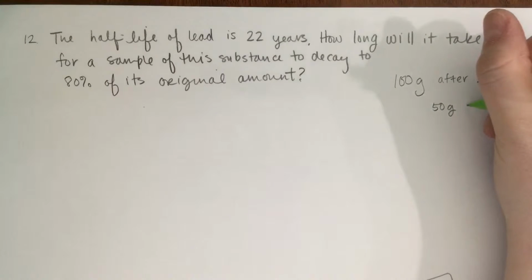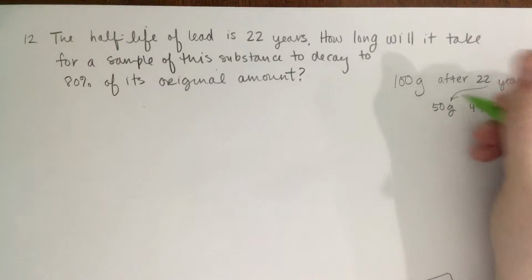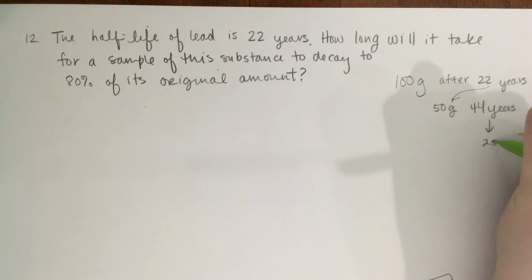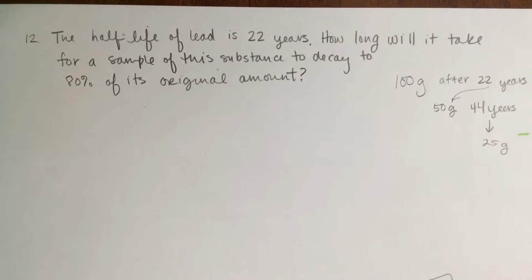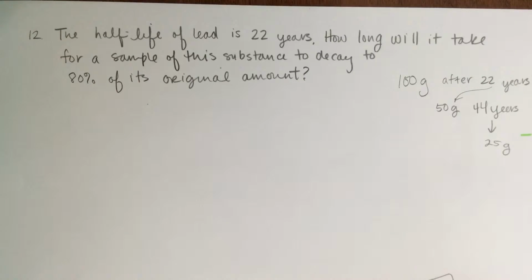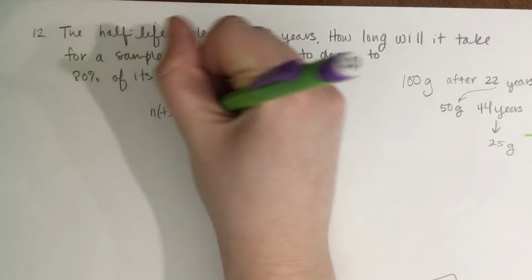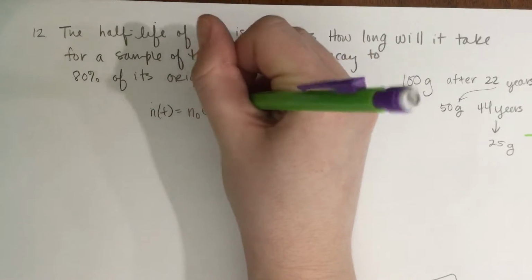After another 22 years, or a total of 44 years, then it's going to go down to 25 grams. And so every 22 years, the amount is going to decrease by half. So the function that we use for this is still N(t) = N₀e^(rt).